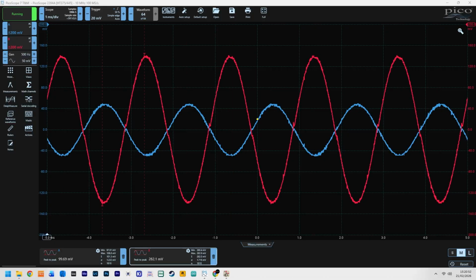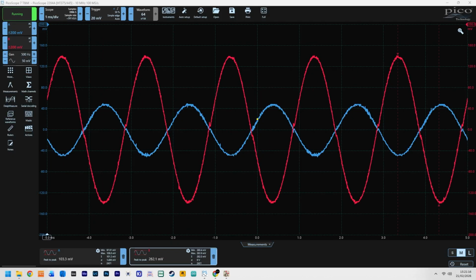I picked these numbers based on rough outputs of a guitar pickup and a frequency that is somewhere in the mid-range of a guitar. No point using a massively high frequency here if a guitar couldn't produce it. The red line is the output of the circuit, looking at the actual output.